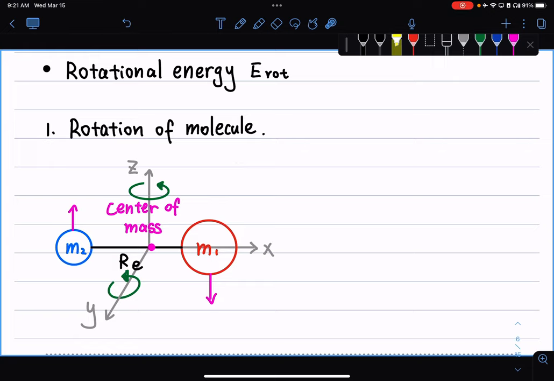What that means is we're not considering the vibration anymore. We're just assuming there's a stiff stick connecting the two atoms, and they're just rotating in different directions. By measuring the rotational spectroscopy, we can get information about bond length and bond angles.